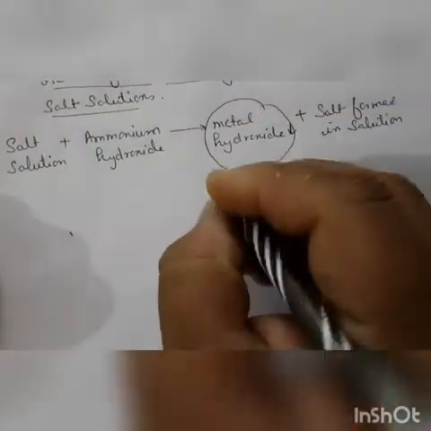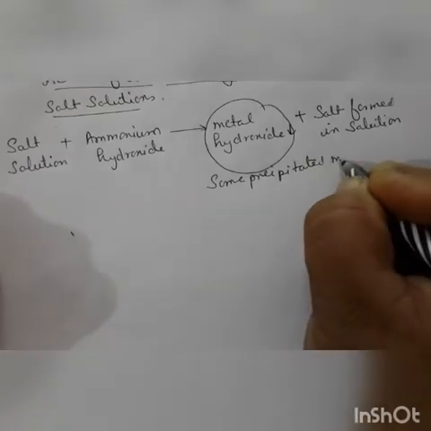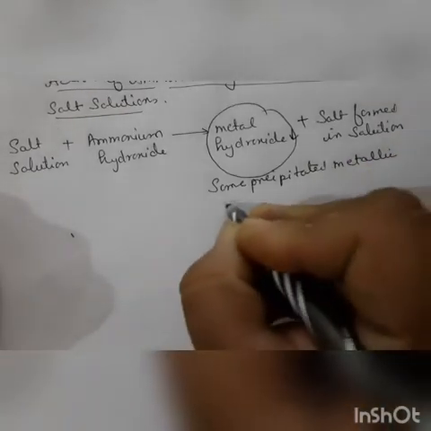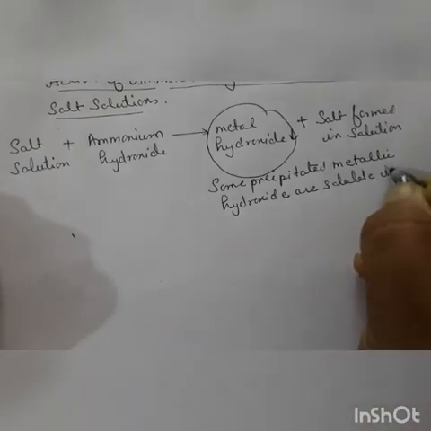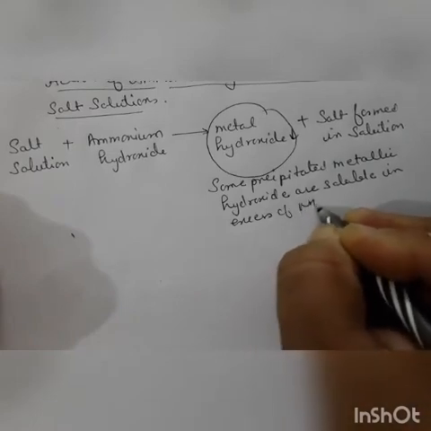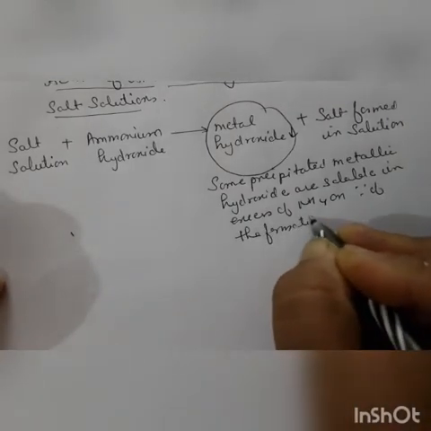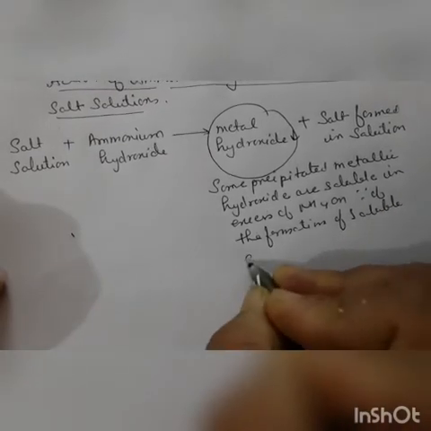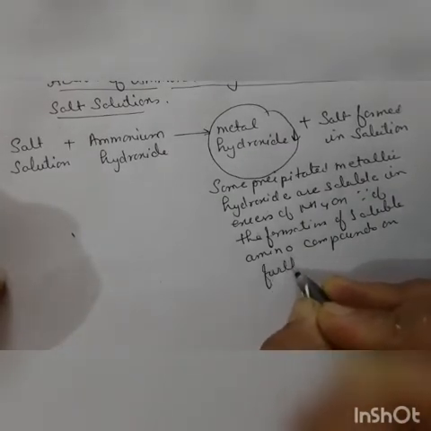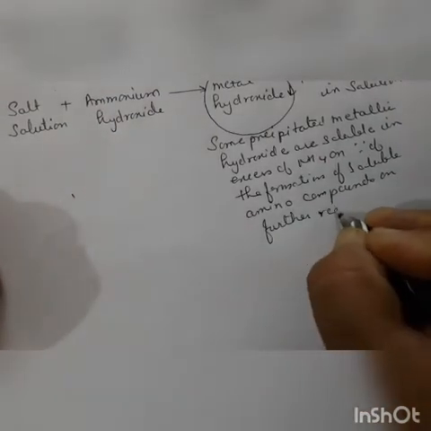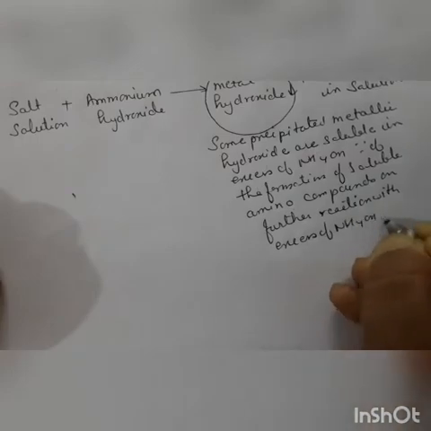Now here some precipitated metallic hydroxides are soluble in excess of ammonium hydroxide, because of the formation of soluble amino compounds on further reaction with excess of ammonium hydroxide.